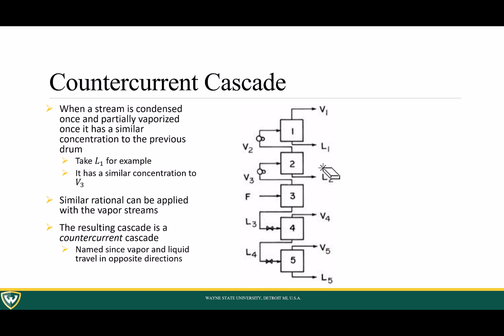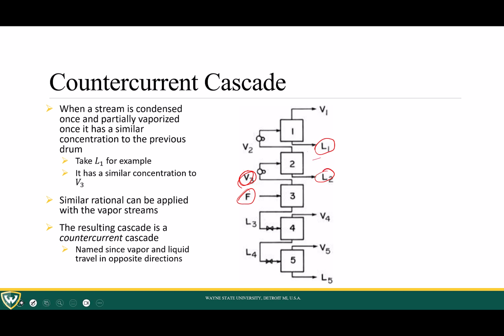But they are useful in other ways, because if L1 has a similar concentration to V3, because again, I was saying this is similar, then why don't we take L1 and just put it back into this second drum? Because if these concentrations are similar, then we can just add more feed into this drum instead of trying to pull it out.